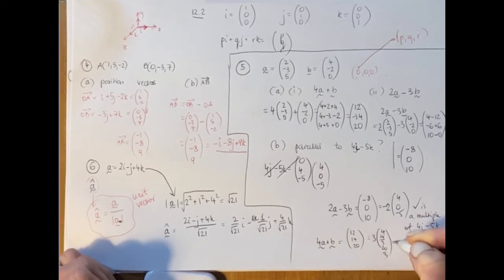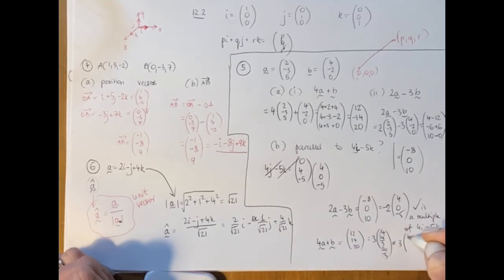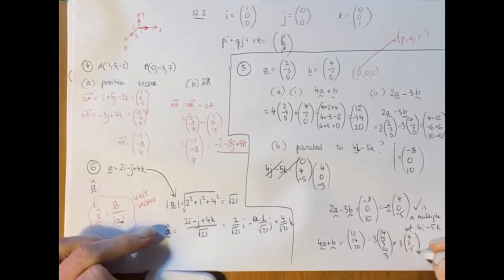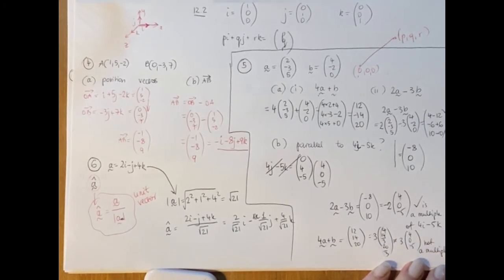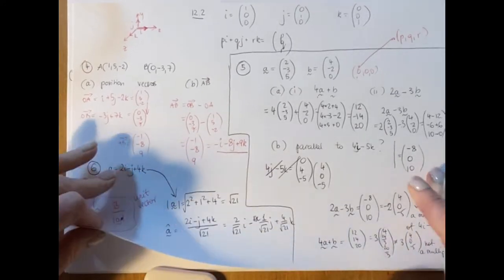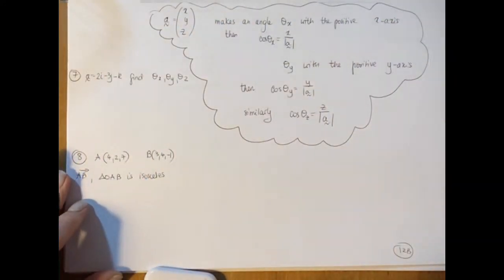That is not a multiple of 4, 0, minus 5, so it's not equal to 3 lots of 4, 0, minus 5, so not a multiple. Perfect. Okay, let's move along to the next example.